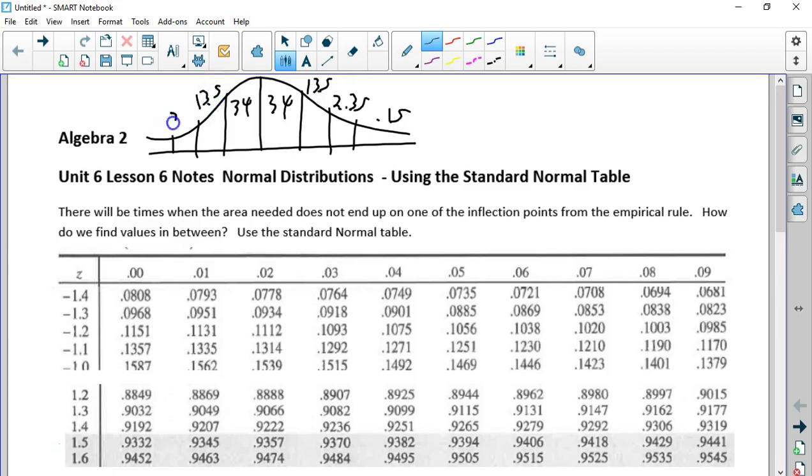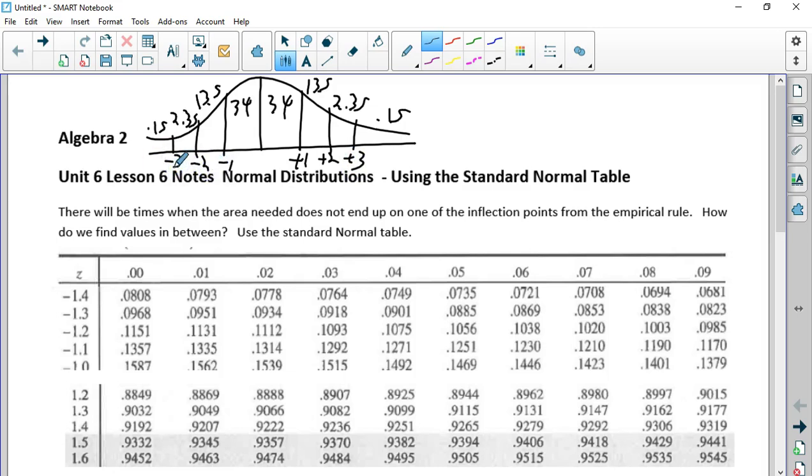This is just review again. And that's the breakdown. Okay? And we talked about how this is +1, +2, +3, -1, -2, -3.